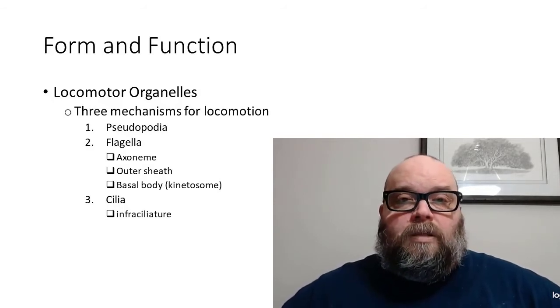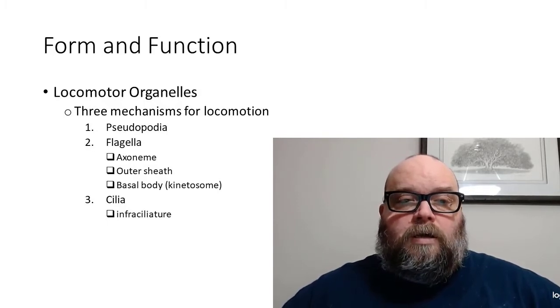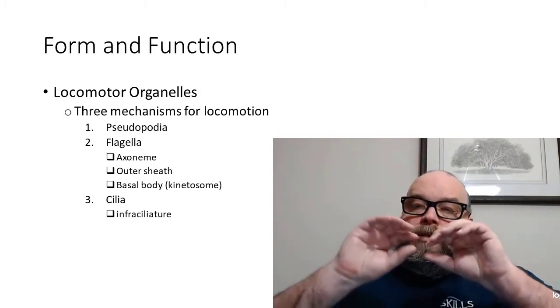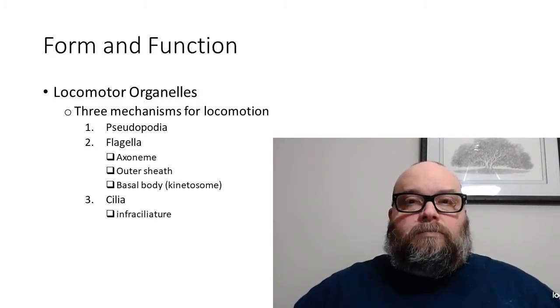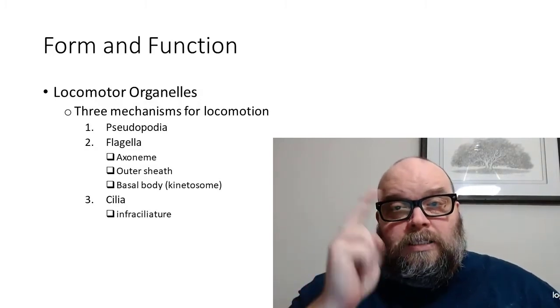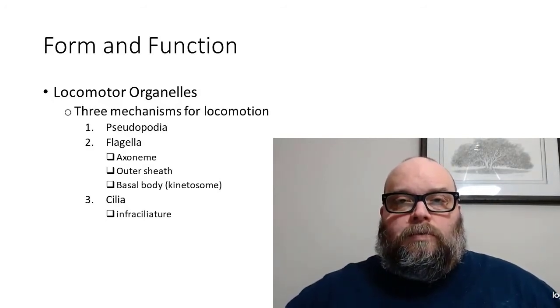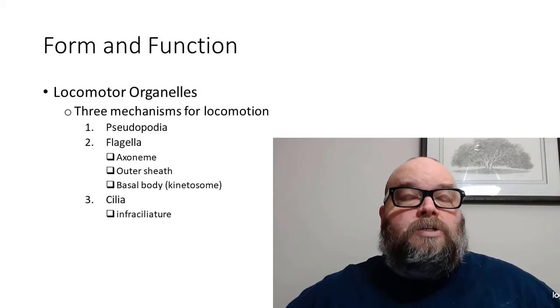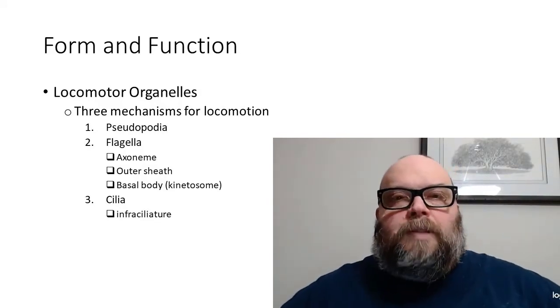The flagella is going to be important because this is the long protrusion of the cell. Keep in mind, flagella and cilia are still internal to the cell. They look like external appendages, but they are internal projections of the plasma membrane.